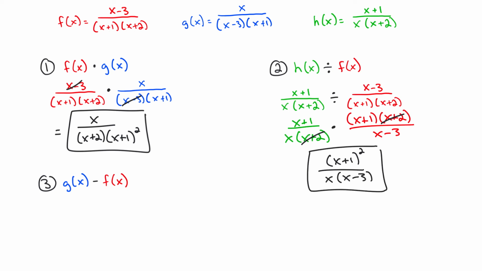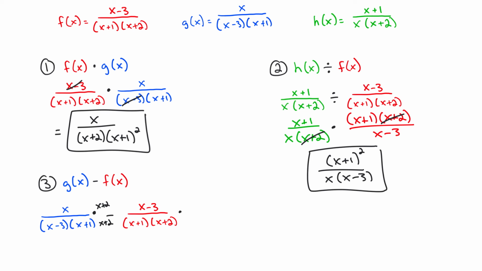That's my answer here. And then lastly, just because I want to do one more problem involving addition and subtraction, I'm going to have the function g, which is in blue, minus the function f, which is in red. So once again, copy and paste the blue function, and I am going to subtract copy and paste the red function. You can only add and subtract functions together if they have the same denominator, which they don't. So I'm going to have to multiply the first fraction by x plus 2 on top and bottom.